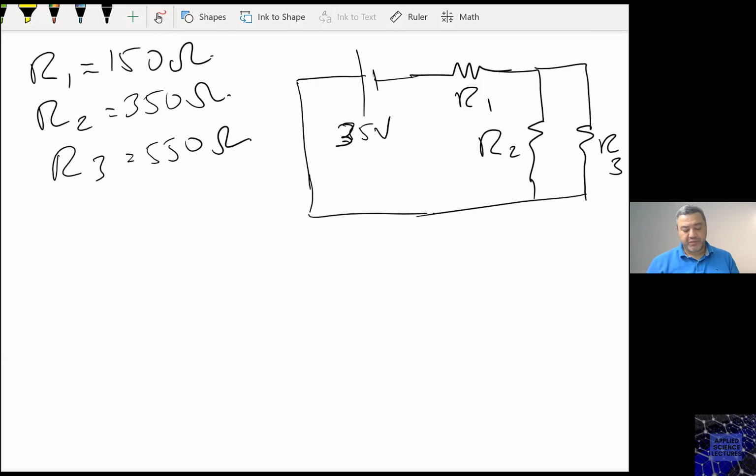So in this case, we need to calculate the total resistor, the equivalent resistor for R2 and R3 that are connected in parallel.